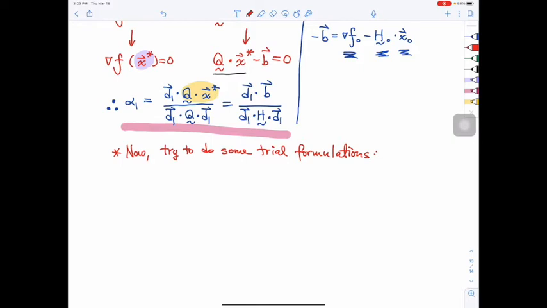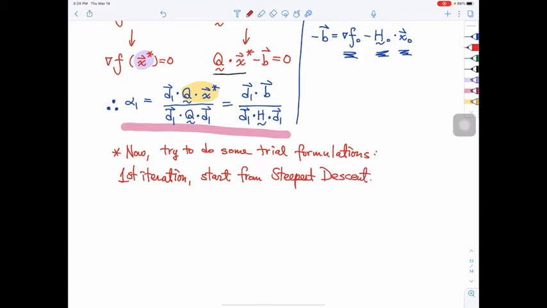So in the first iteration, we can start from steepest descent, because steepest descent is something that we know how to do. So x1 equals x0 minus alpha, and actually, let's write it again.